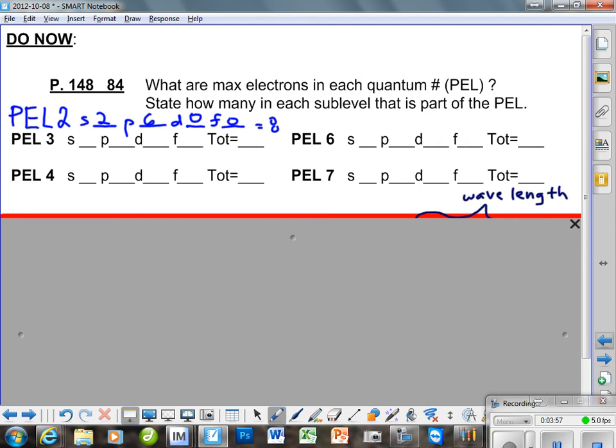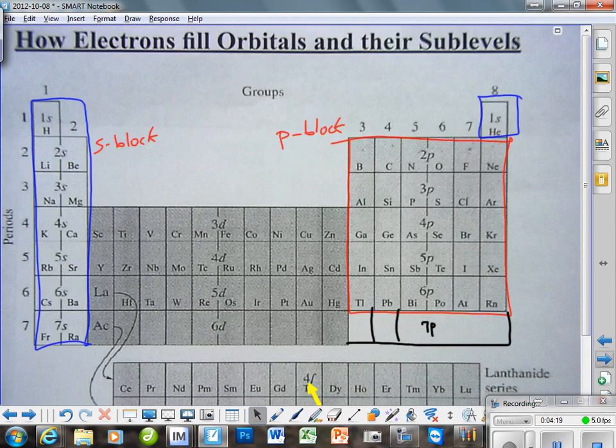Okay, let's go principal energy level 5. We got an S possible, a P possible, a D possible, an F possible, and we're going to get a total. Okay, let's look at it. So let's see, what were we doing? 5, right?